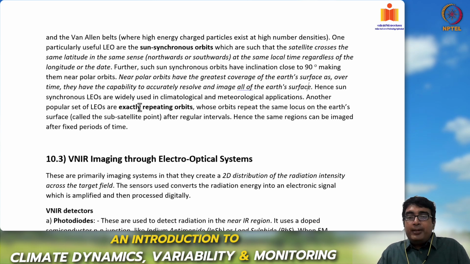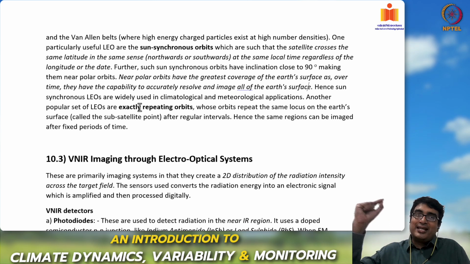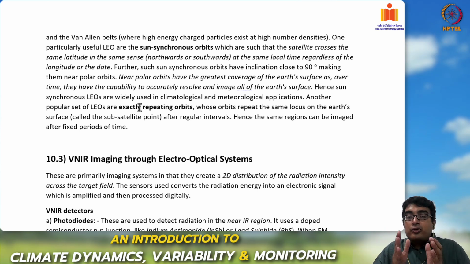These orbits have the property that they repeat the same locus on the Earth's surface, called the sub-satellite points, after regular intervals. So the trajectory of the satellite's single rotation around the Earth's surface repeats after regular intervals. So repeated observations of certain locations of the Earth are possible through exactly repeating LEO orbits.